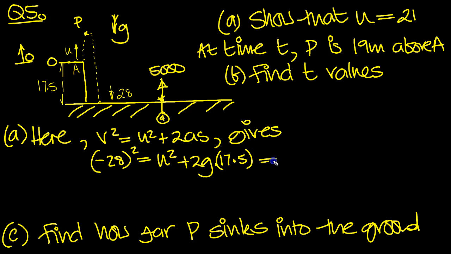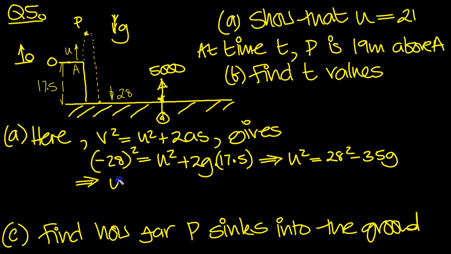So that tells us what u squared is, which is 28 squared, won't it? The negative will go, and this will become minus 2 times 17.5, which is 35, so minus 35g.